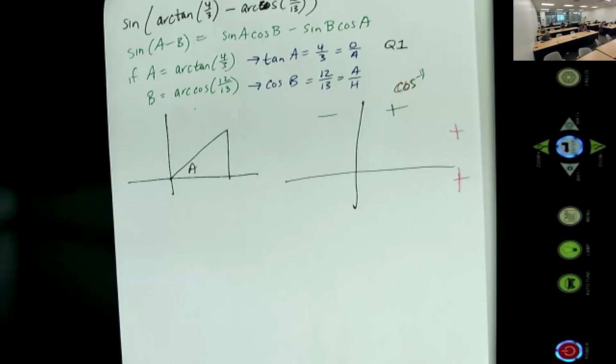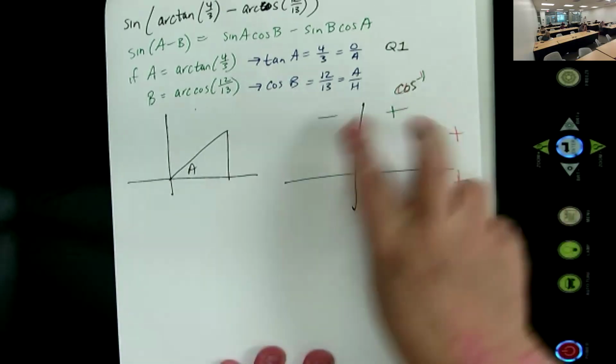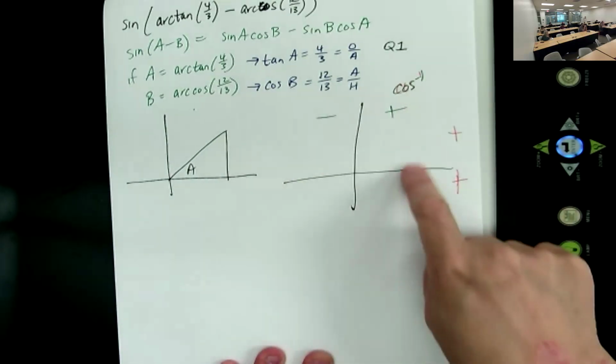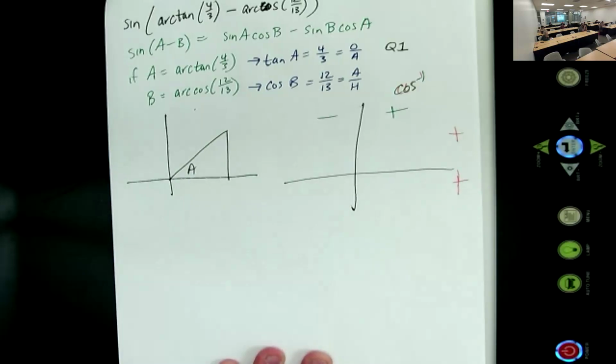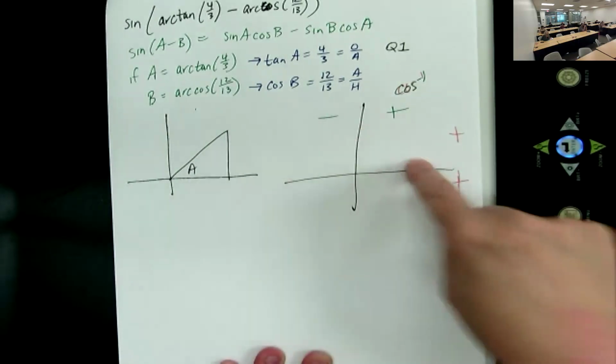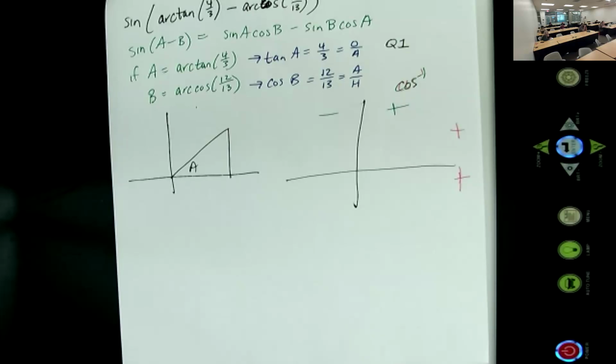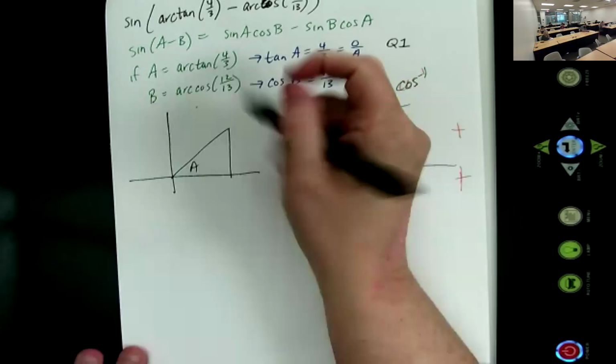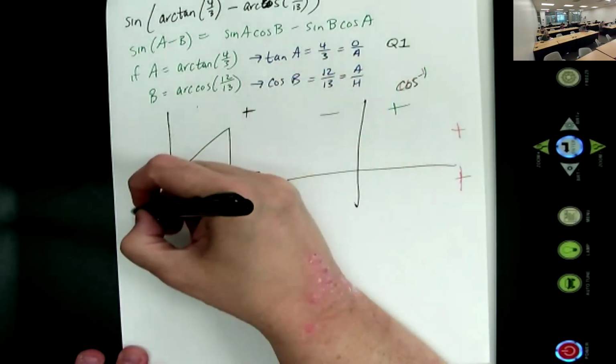Cosine inverse is 0 to pi. This is actually a helpful way to think about it. Like I need the full input range of cosine for the inverse to have a negative and a positive. So where's cosine positive and negative? Those are the two that are closest to 0. For tangent over here, tangent's positive here and here.